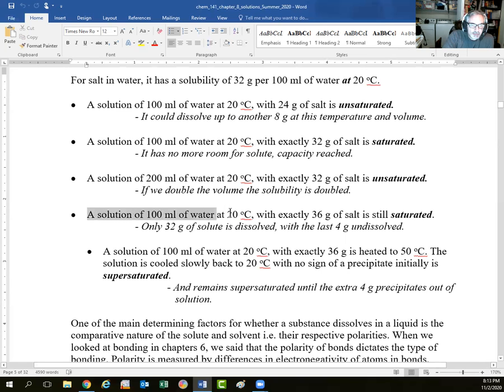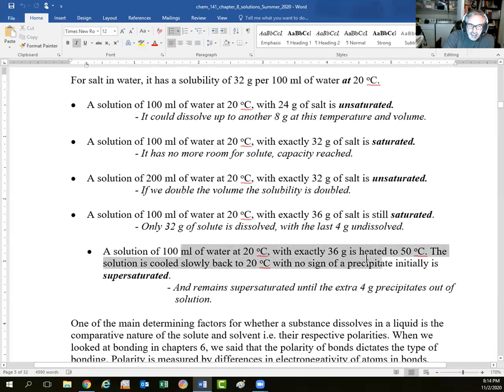If we took 100 milliliters again at 20 degrees, standard, and added in 36 grams, the solution would be saturated because we've reached our limit, that limit of 32 grams, and the extra 4 would just sit in the bottom of the flask. Just because you add it doesn't mean it's going to dissolve. So a saturated solution with 36 grams.